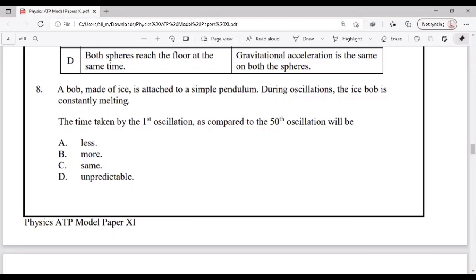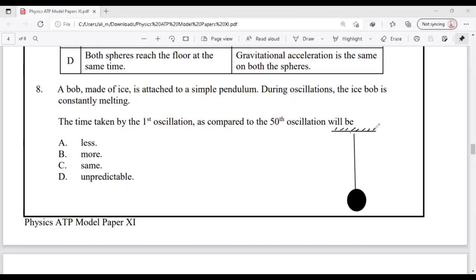So here we have our question number 8. A bob made of ice is attached to a simple pendulum. So let's suppose we have a piece of spherical ice, and this ice is connected to a ceiling with a thread.